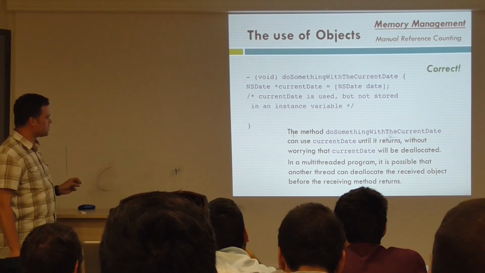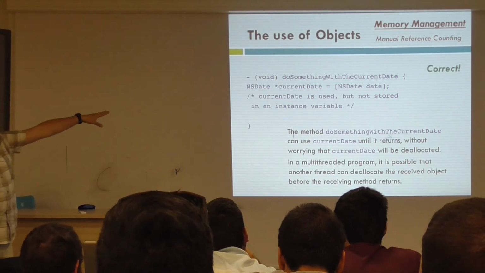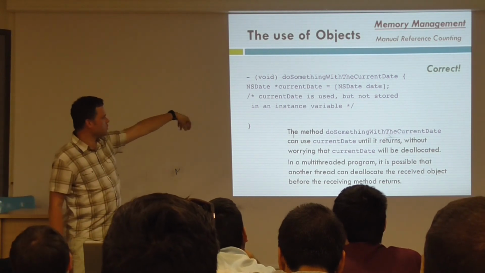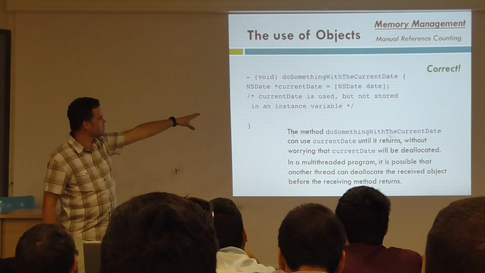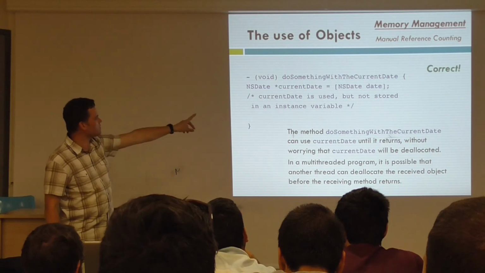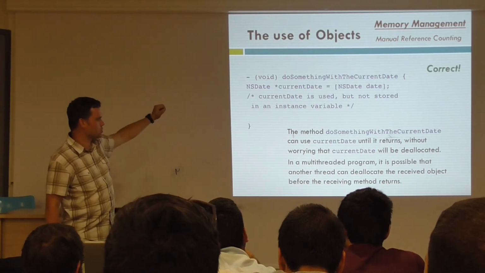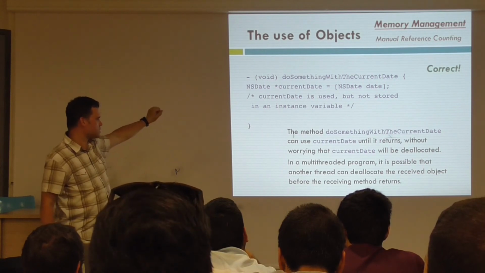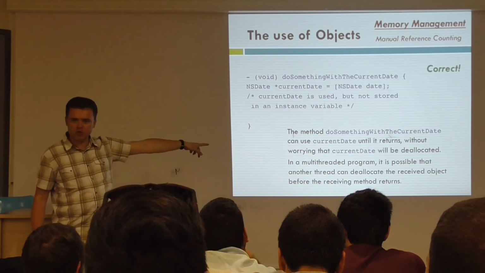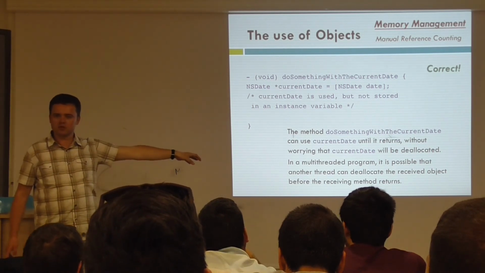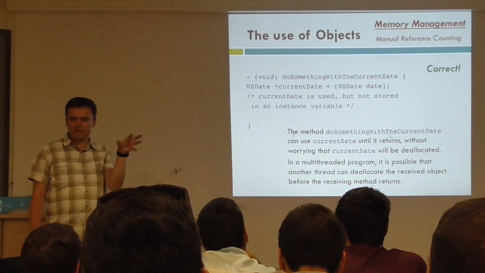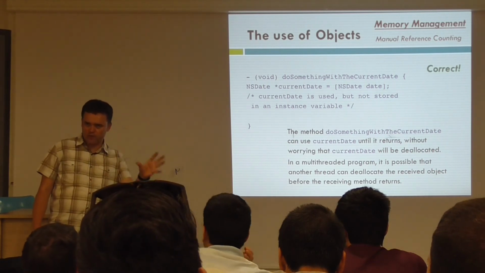Another possibility: there is a specific class, NSDate. We can send the message date to this class, and you can see we get some value, but it is not owned in our code. So we can use it, but the problem could be in multi-threaded applications, because this object could be released by some other code. We have not taken ownership of this memory.